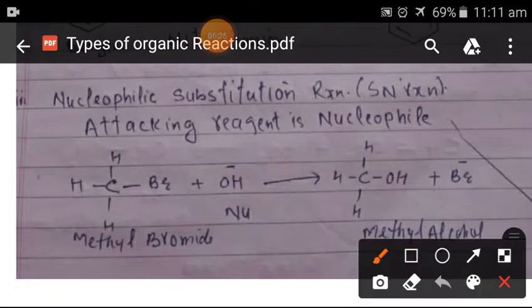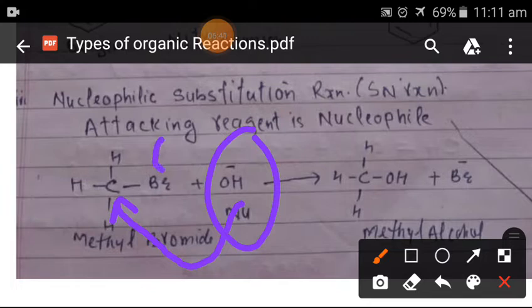How does it work? Here the nucleophile will replace this bromine. What happens is the nucleophile attacks this carbon atom, because between carbon and bromine, bromine is more electronegative. It gets a slightly negative charge, and carbon gets a slightly positive charge. So there is some charge separation between the carbon and bromine due to the polar nature of the bond.